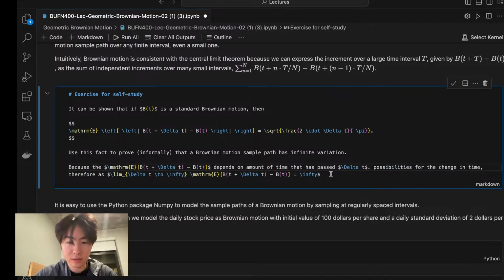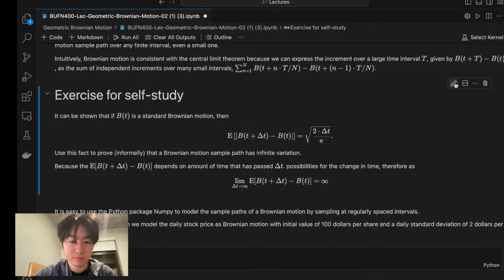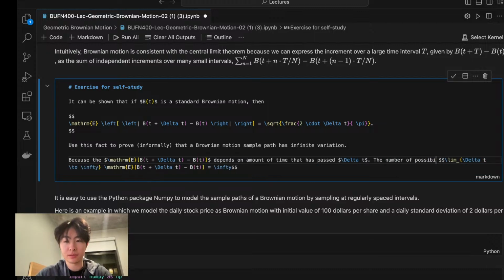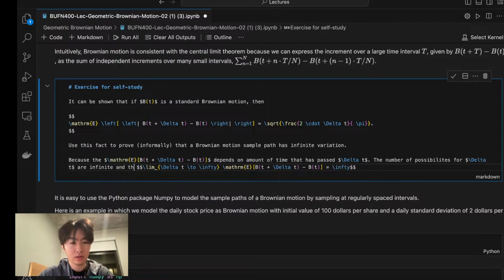Okay, maybe I can add the number of possibilities for delta t, so delta t are infinite, and the following relationship can be established.